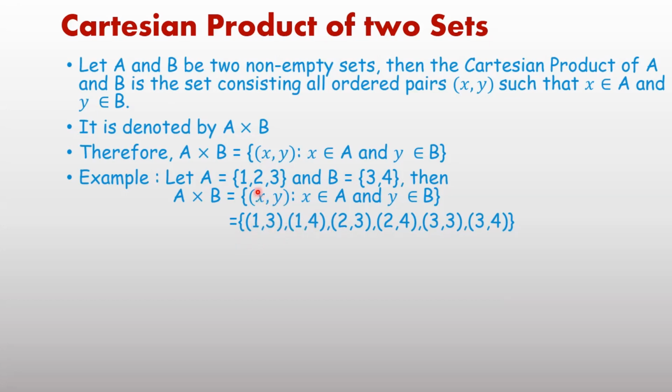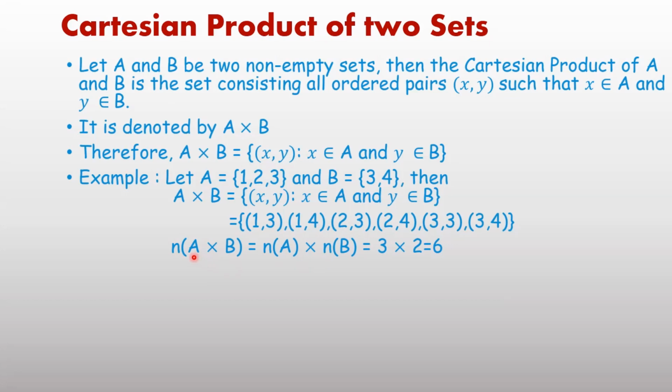Similarly, x equals 2 from set A, then (2, 3) and (2, 4). Similarly, (3, 3) and (3, 4). In this pattern we can write the Cartesian product of two sets A cross B.